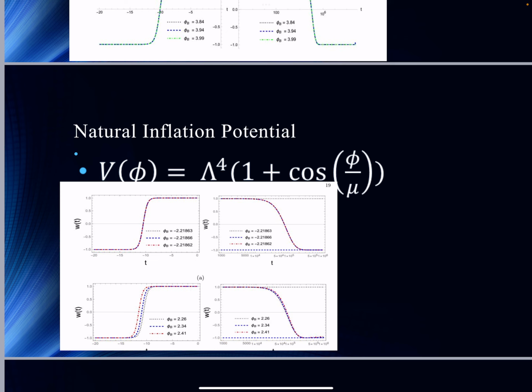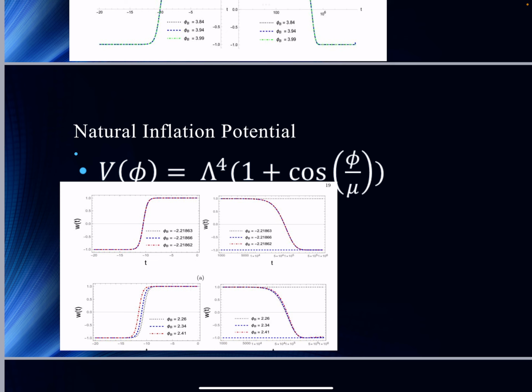The natural inflation potential is particularly interesting because it arises from a lot of theoretical frameworks with pseudo-Nambu-Goldstone boson theories. It also has the same flatness of these other potentials that we discussed, which is something that we're looking for to match predictions.